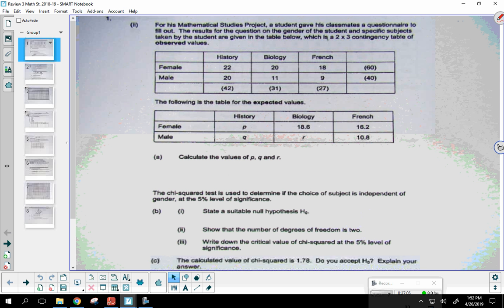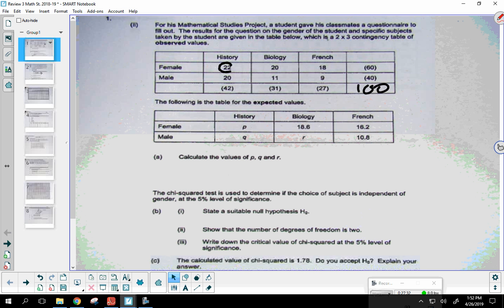Okay, so they have all the totals for me except how many grand totals should be there. There are 100. Okay. Now, the following table is for the expected values. So it says calculate the values of P, Q, and R. Now, we'll go ahead and run through the calculator process in just a minute, but let's say if we were doing this by hand, if I'm looking for P, the intersection of females and history.